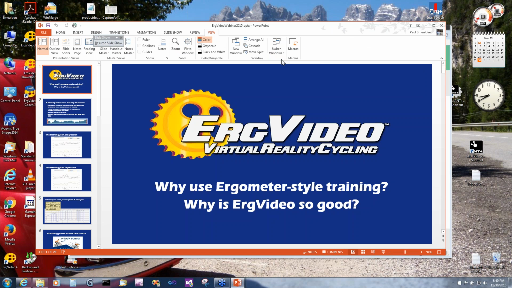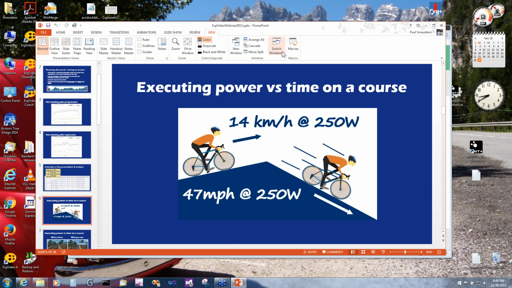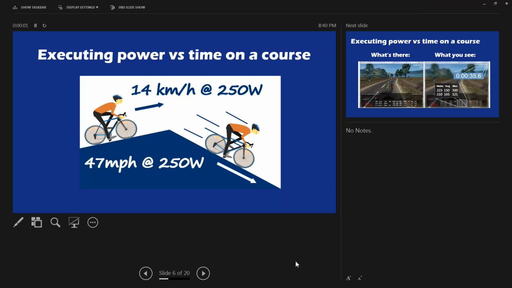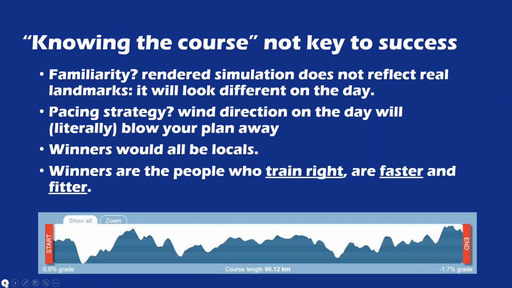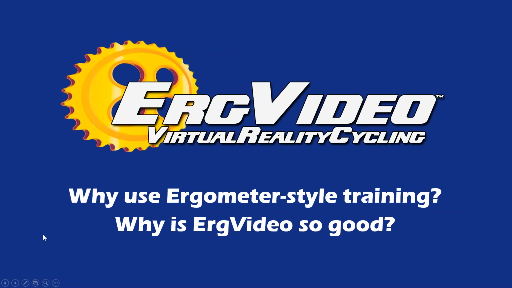You only have one screen going? I have two screens going, but I'm very embarrassed, folks. I'm going to say end show. Now, switch windows. It should give you the second one, but it's not. Display settings up top, maybe it's up there. There you go. Swap center view. Yay! All right, now go back to slide one. You're good. I'm going to mute and let you go. Okay. Thank you very much.